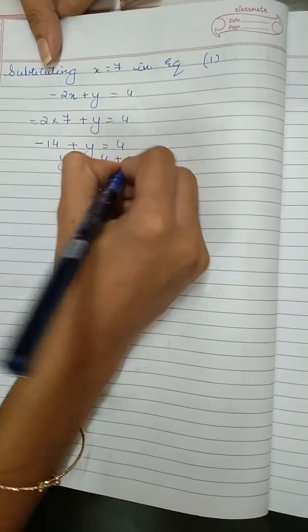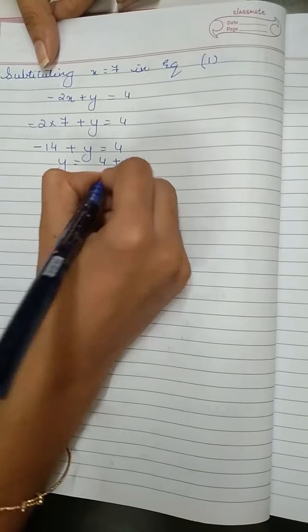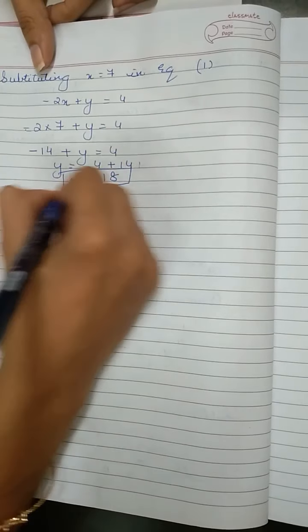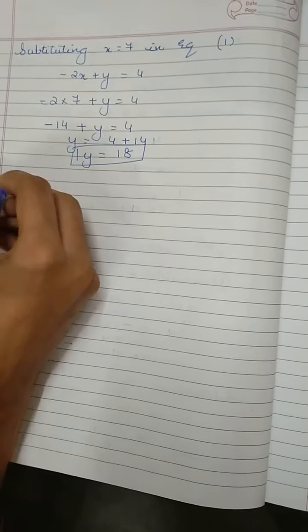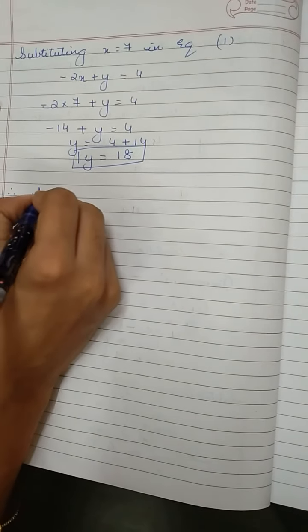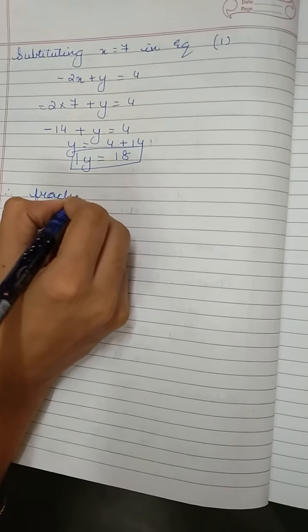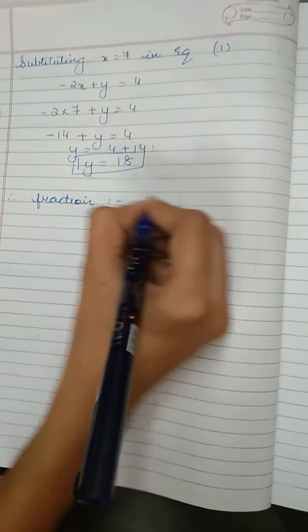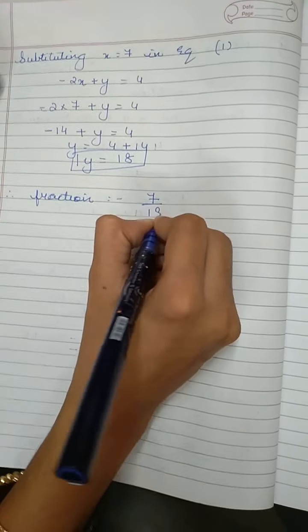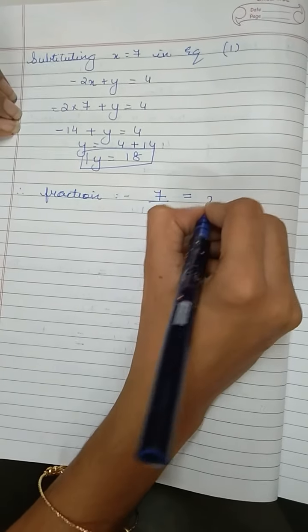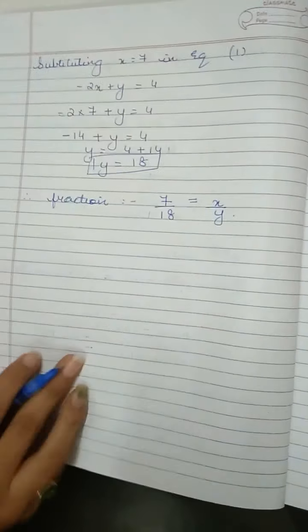Minus 14 will shift to this side and get converted into plus 14. Y is equal to 14 plus 4, which is equal to 18. Therefore, the fraction is equal to 7 upon 18, that is x upon y.